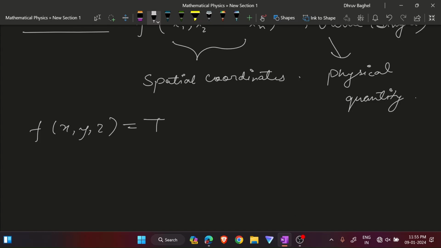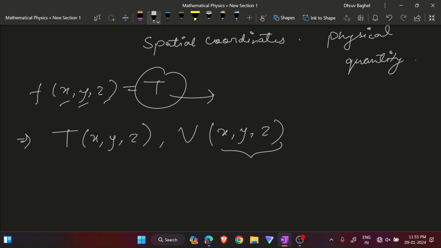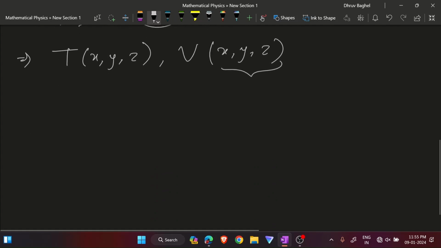So it associates all these points to a value of temperature. This can be a scalar field, and we can also represent it as a scalar field of temperature like this. Another example can be potential. Potential is a function of position and it gives a value at that point. So these all are examples of scalar fields.